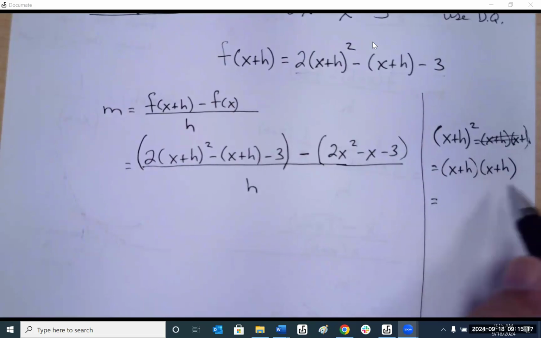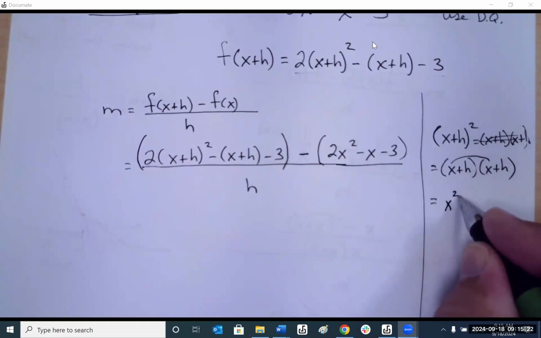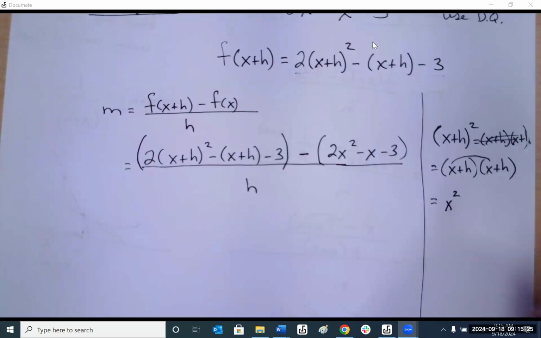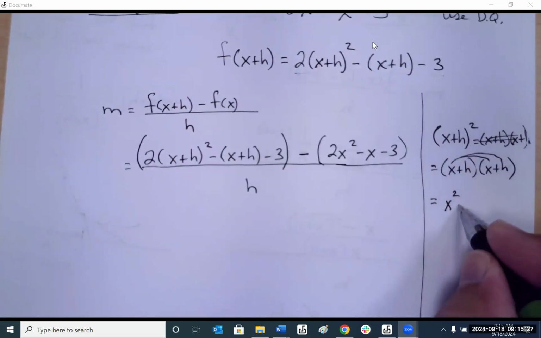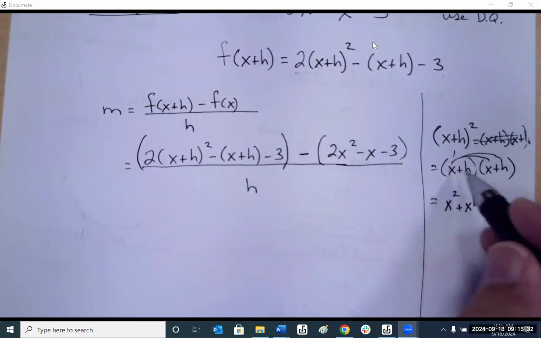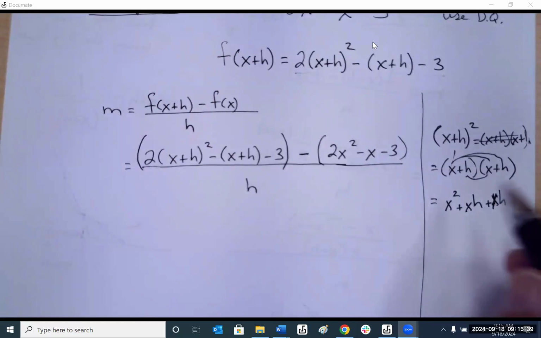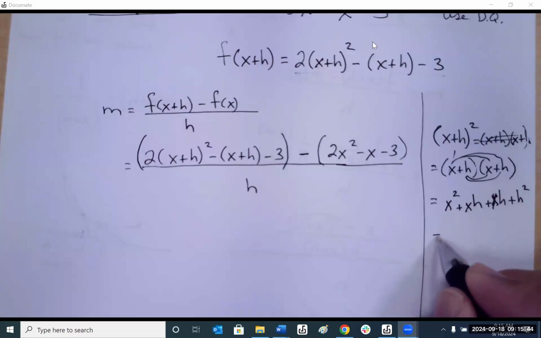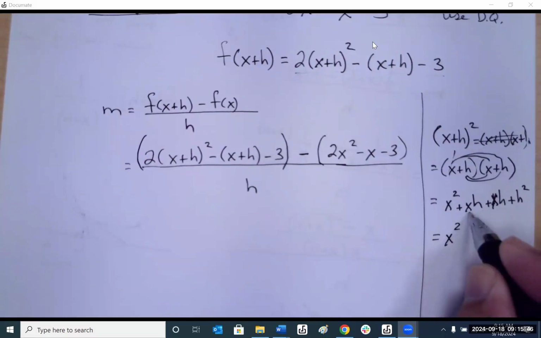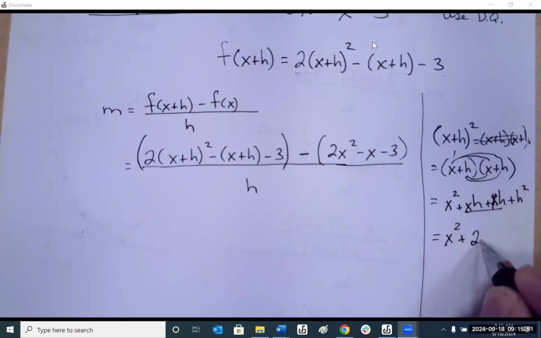So we have to distribute, we have to FOIL these two. X times x is x squared. They're all positive, so I'm going with plus signs. X times h is xh. That one's finished. Now the h. X times h is xh. Then h times h is h squared. Combine like terms: xh plus xh is 2xh.